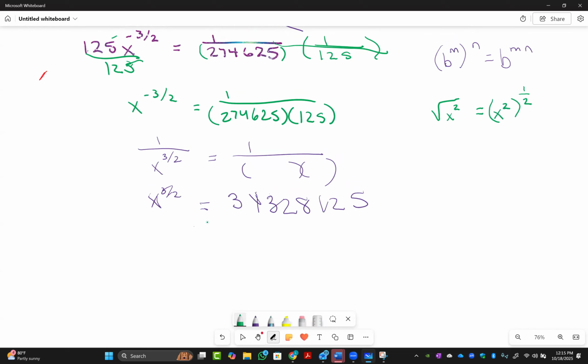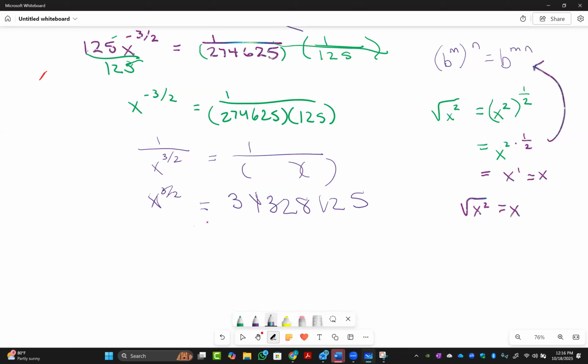And this is the same as x squared times 1/2, from here. What's 2 times 1/2? 1. So now I can say the square root of x squared is equal to x, which we already knew, but I'm trying to show you why it works.